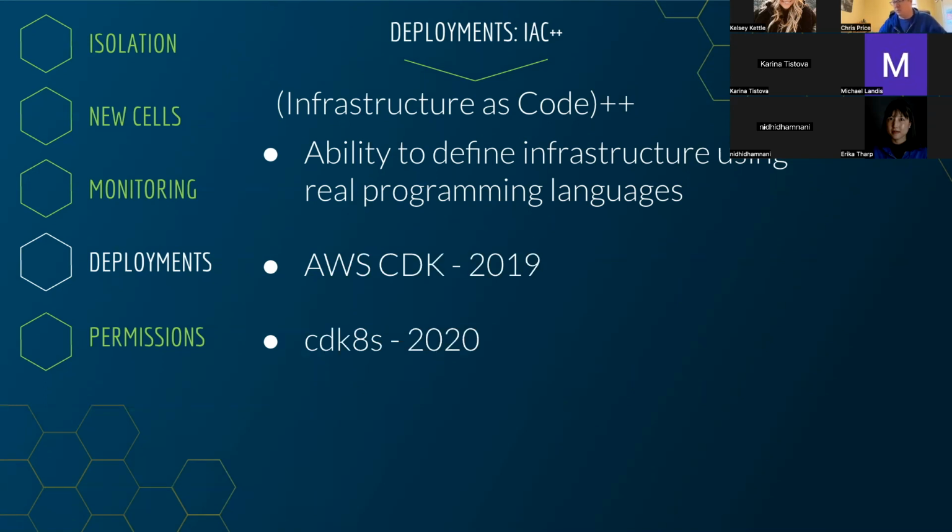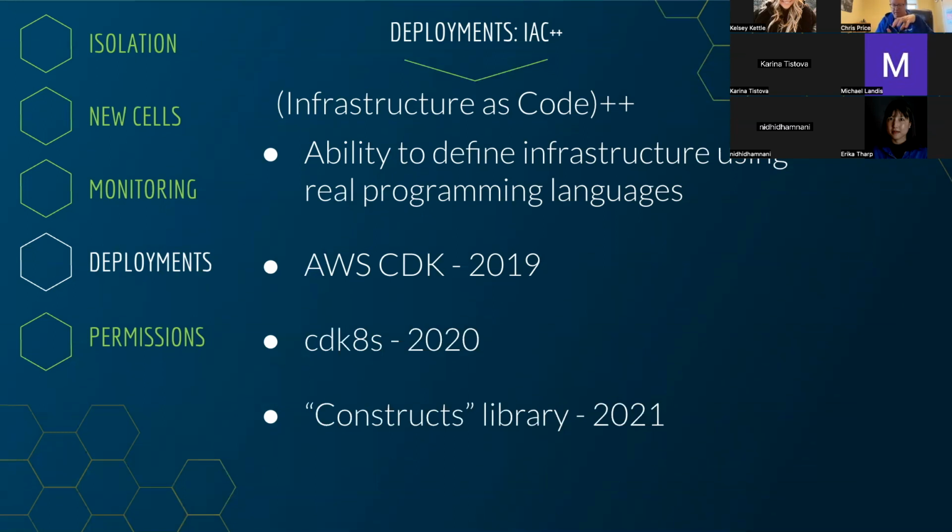And so now you could use code in your favorite programming language to manage your Kubernetes infrastructure rather than YAML. In 2021, AWS did one of the things that I consider to be one of their biggest and most influential contributions to the open source community in a really long time. And they pulled out this common library called constructs that was the foundation of both of the previous two bullets.